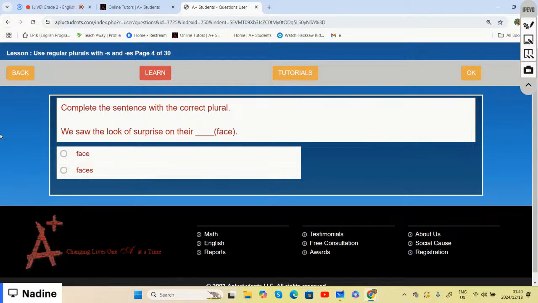The next one says we need to complete the sentence with the correct plural. We saw the look of surprise on their option one face or option two faces. Face or faces.